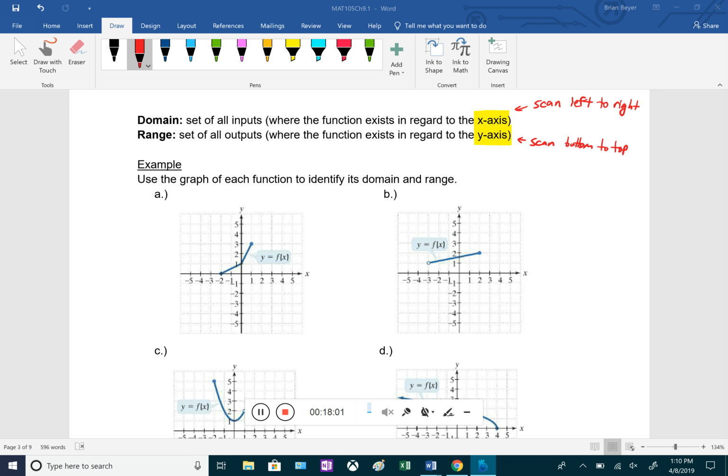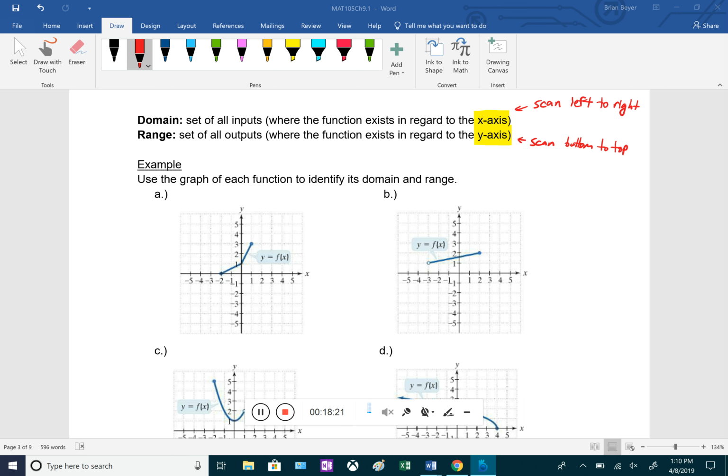And for the range, we're going to scan bottom to top. So we go in that direction because left to right is obviously horizontal, meaning the x-axis, so it's the domain. The range is vertical, y-axis, so bottom to top. We go in that certain direction because that means the values are going to be getting larger.